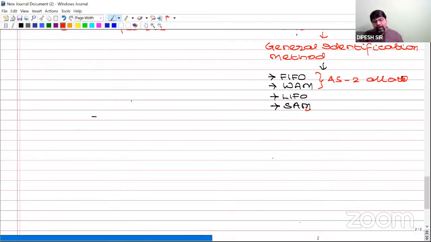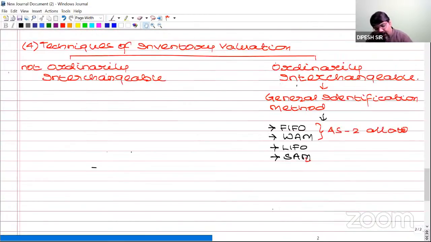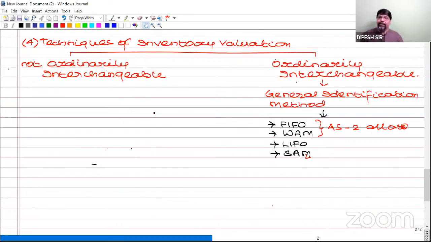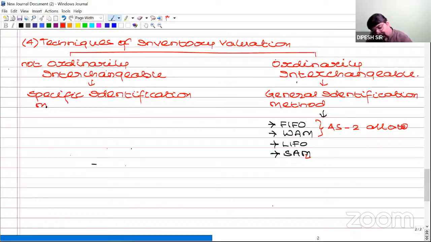Am I clear? But if I know that, then we apply the specific identification method.